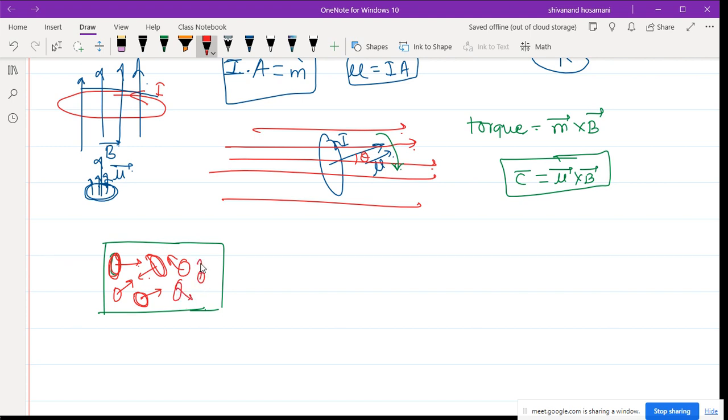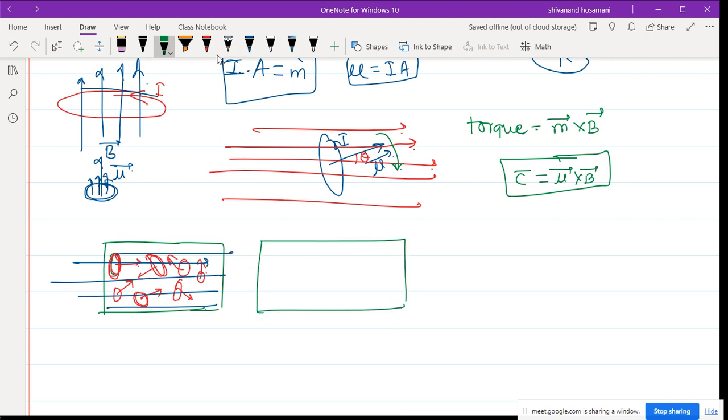So when we apply a magnetic field, all the magnetic moments are going to orient in the direction of the applied field. Inside the applied field, all the magnetic moments become oriented like this because of the application of the magnetic field.